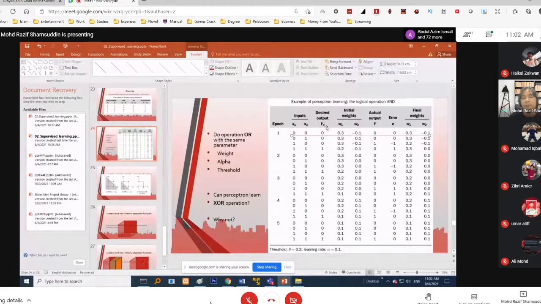Nampak tak? Okay, yang kat atas ni adalah iteration yang pertama kan? Betul tak? Betul, sir. Okay, yang kat bawah ni adalah iteration yang kedua. Okay, final weight iteration yang pertama akan dibawa ke initial weight iteration yang kedua. Nampak tak? Oh, okay. Faham saya.